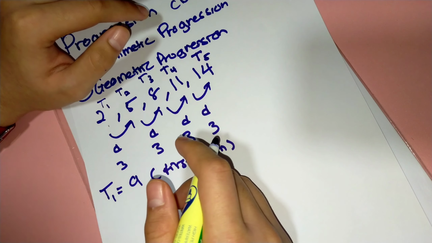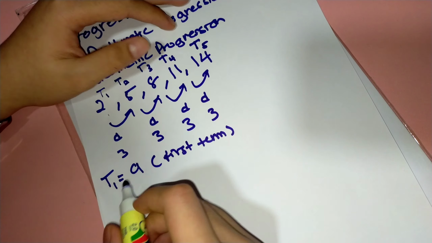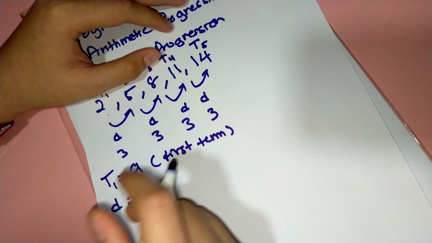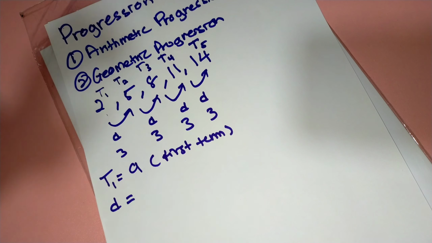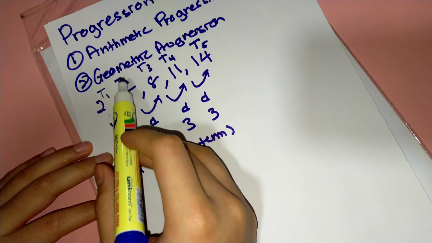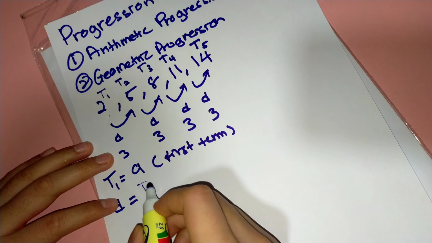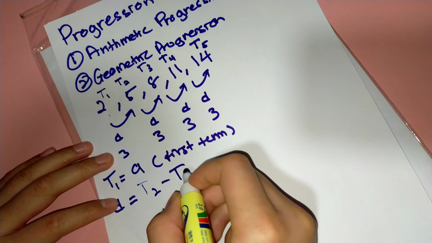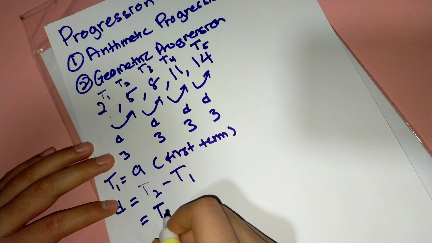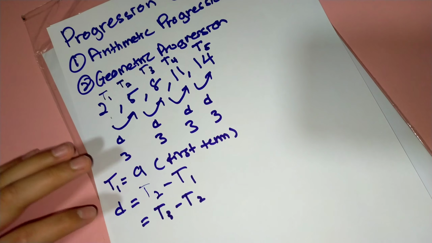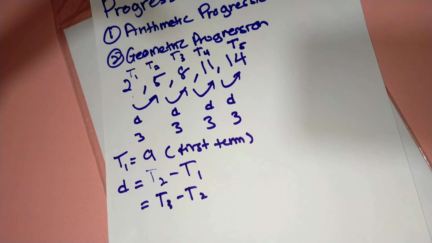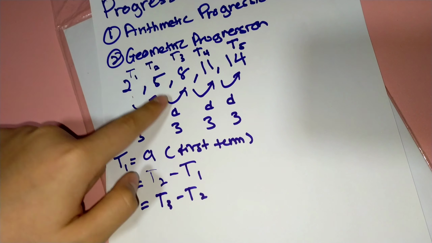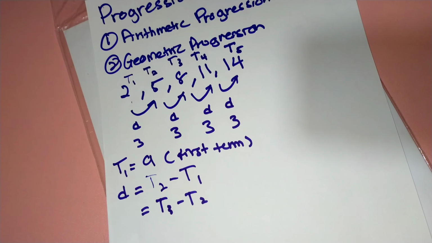Okay, so we will find the differences. Basically in the differences, you must minus it, like behind number minus the in front number.